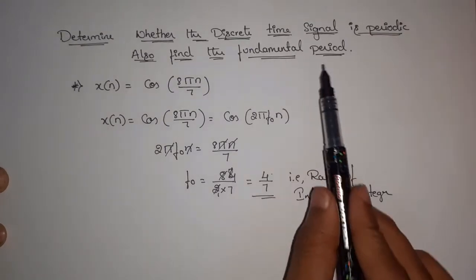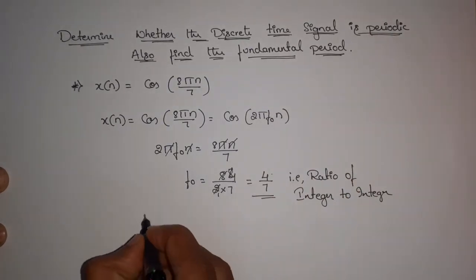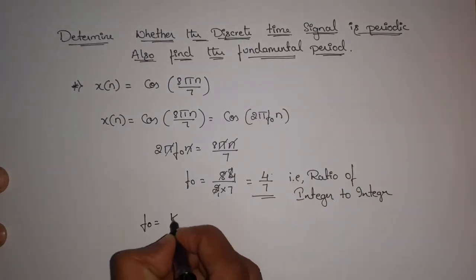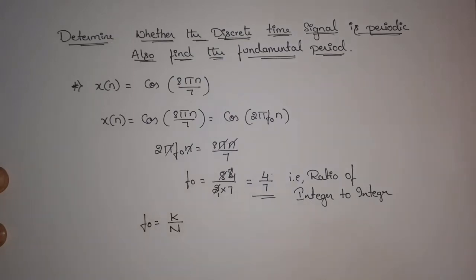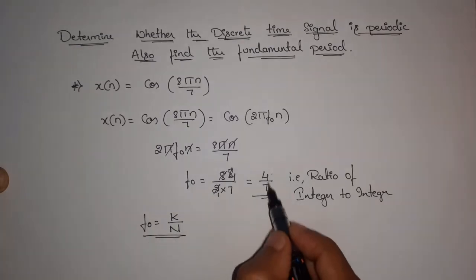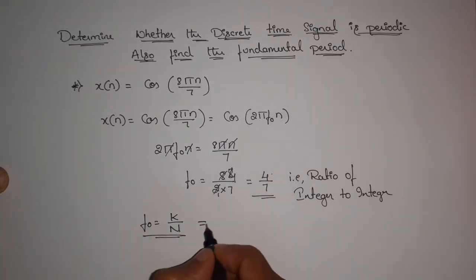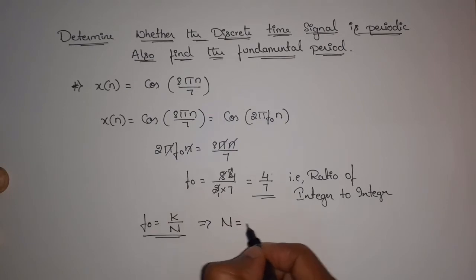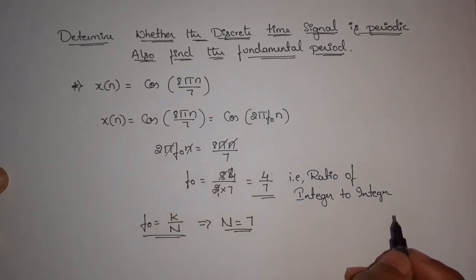We need to find the fundamental period, and the actual formula is f naught is equal to k by n. If we compare f naught is equal to k by n with 4 by 7, we can mark n is equal to 7 as the fundamental period.